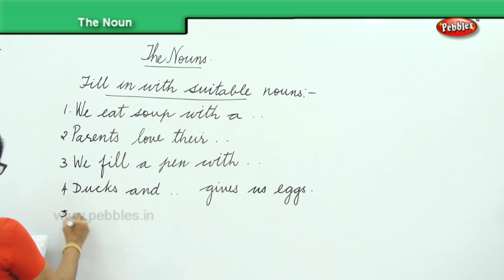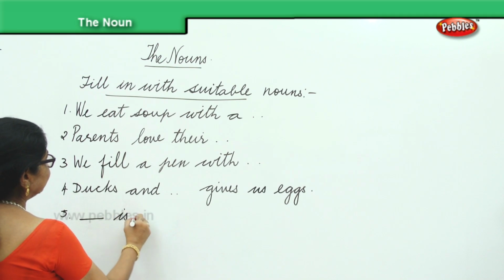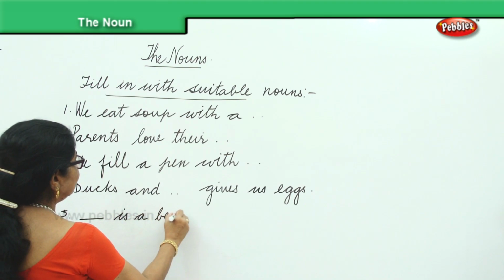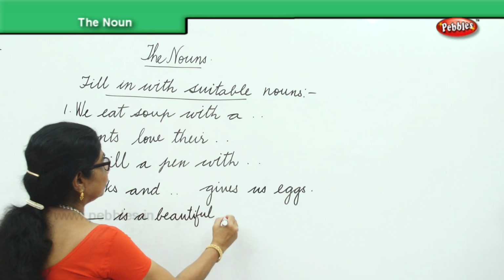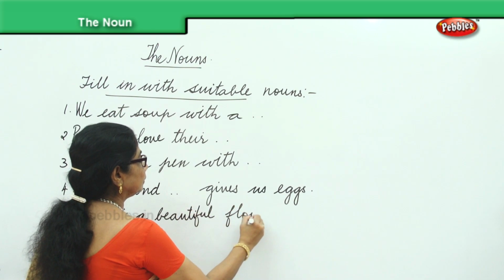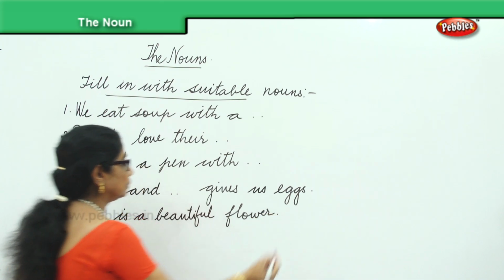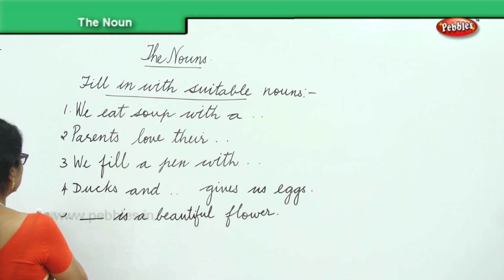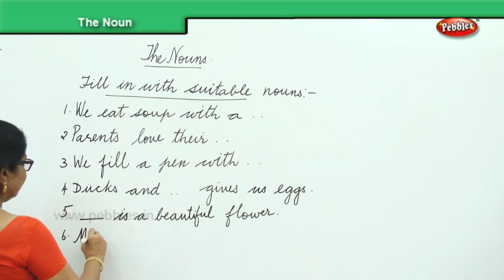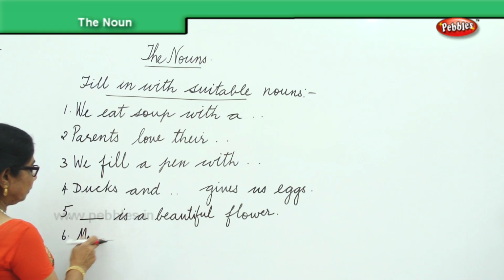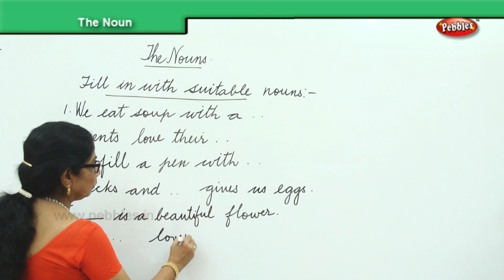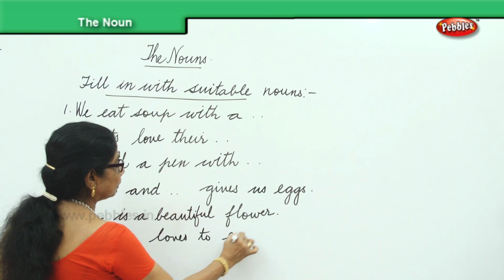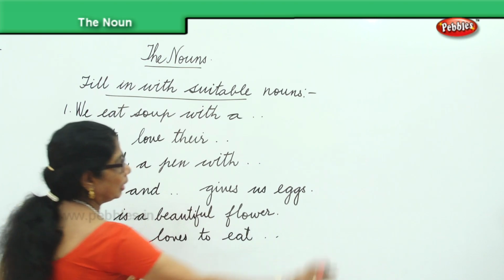Then dash is a beautiful flower. My dash loves to eat, you can put whatever noun you want.